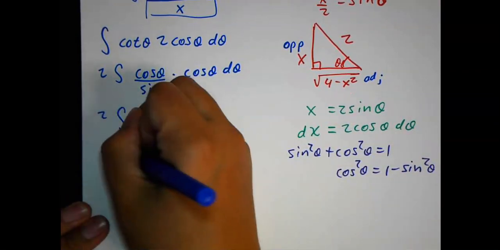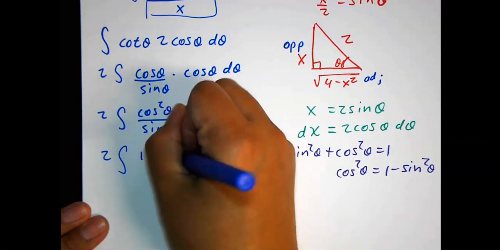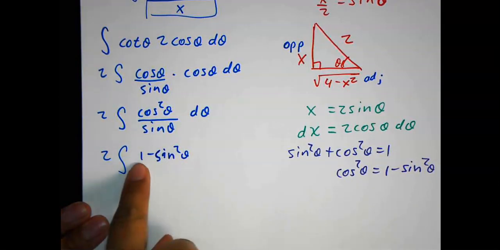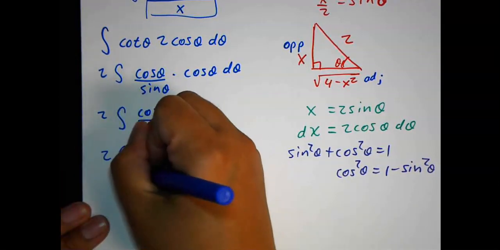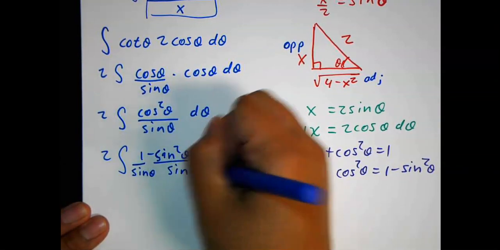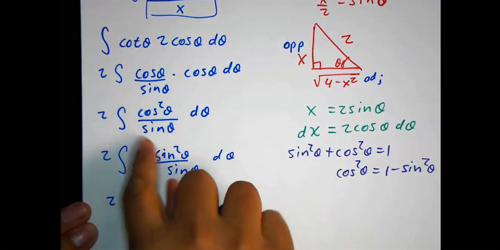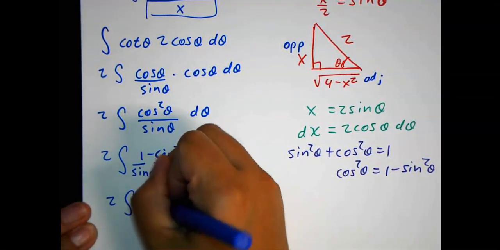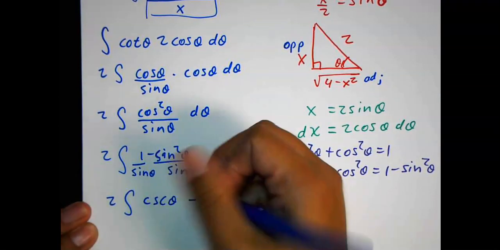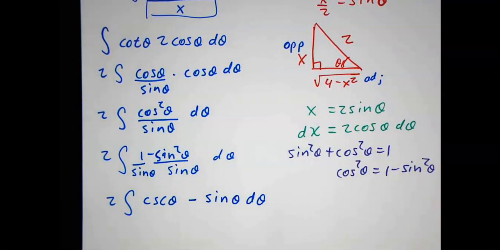So then I have 1 minus sine squared theta over sine. But now I have 2 terms in the numerator, and I can separate it and make 2 fractions. 1 over sine is cosecant. Sine squared over sine, one of those sines cancels, and now I have sine of theta.